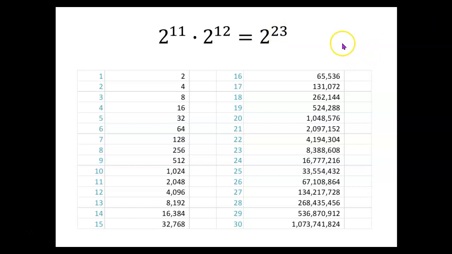Now, another thing we could do with this list of numbers is we could divide. We could take any two numbers on the list and divide, and we always end up with another number on this list.